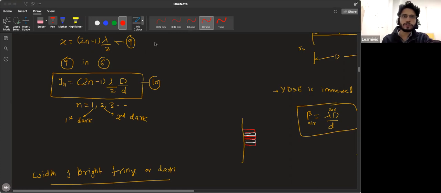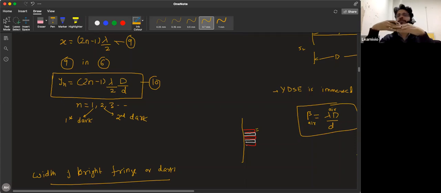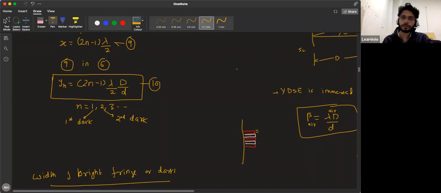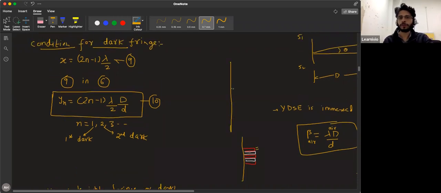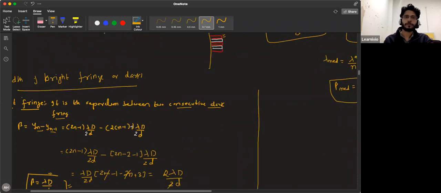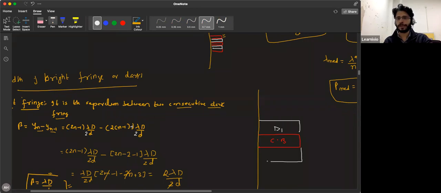If I ask you to calculate the width of the fringe, what will you do? You will just calculate the separation between consecutive fringes. Although the fringes are very, very small, just to explain, I am drawing it. This is your central bright. This is your first dark. See, fringes are very, very small, like lines. This is second dark.